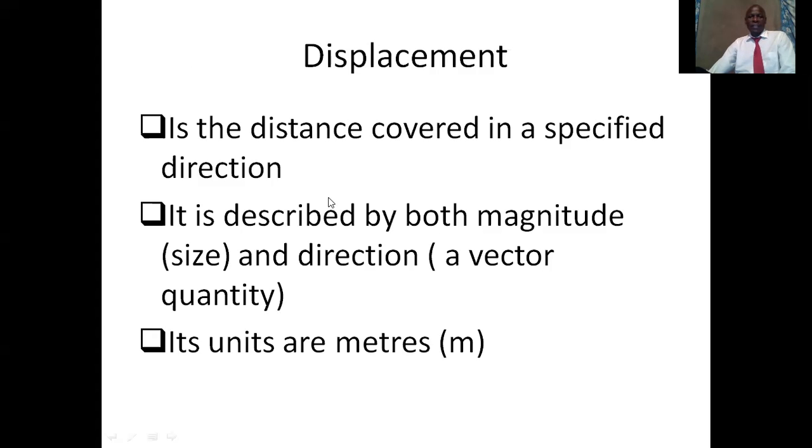So it's a vector quantity. So any movement of an object which can be defined by its size as well as direction is known as a vector quantity. So displacement is a vector quantity, and the unit for displacement is meters.